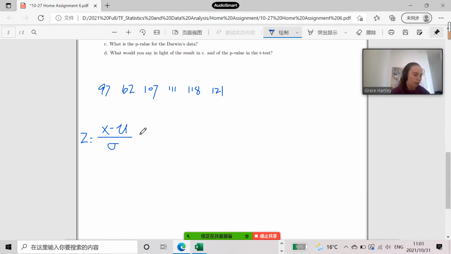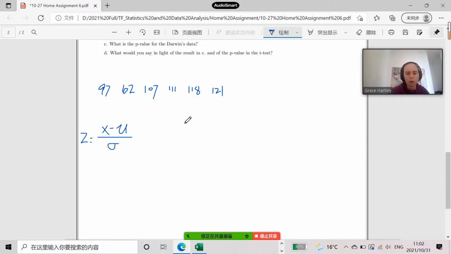So the expected mean is the 132, which is P0, right? P hat is then what's actually 11.5, if that makes sense. Like the ranking of 11.5.